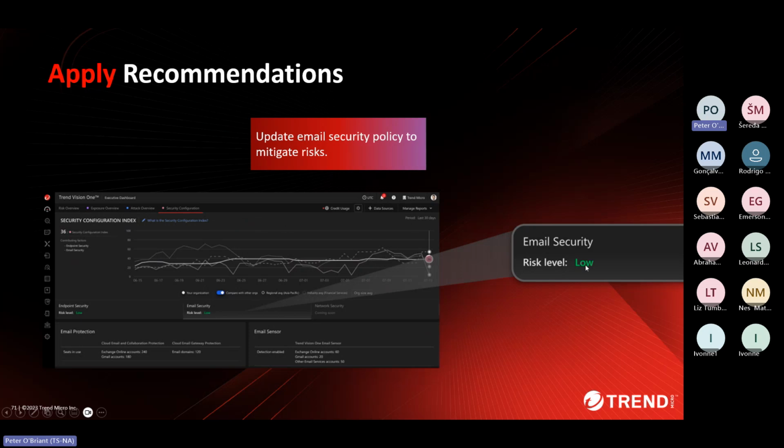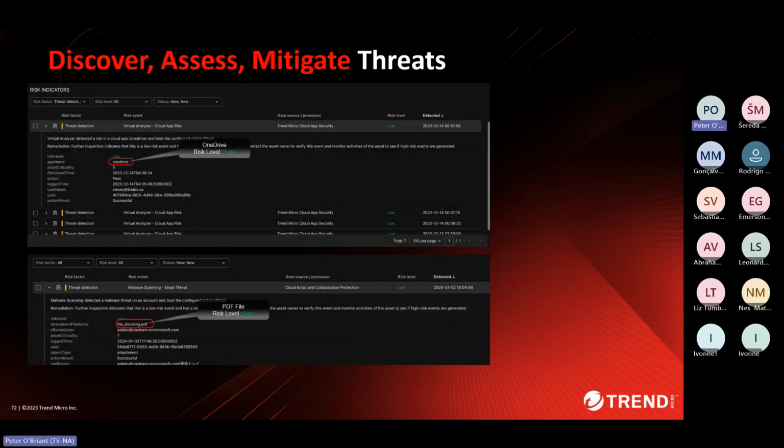So like here, the risk is low, so you may want to put that off as opposed to something that has a higher risk. And then it's just that constant discovering, assessing, and then mitigation.